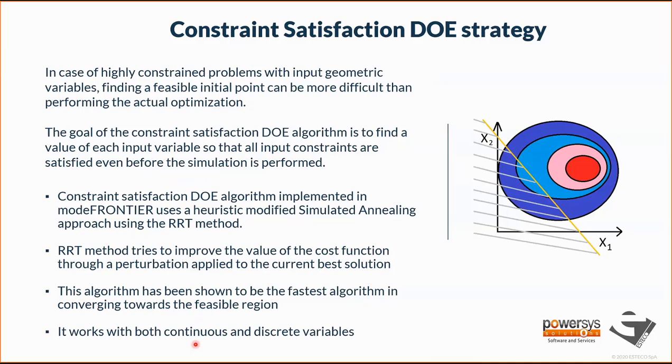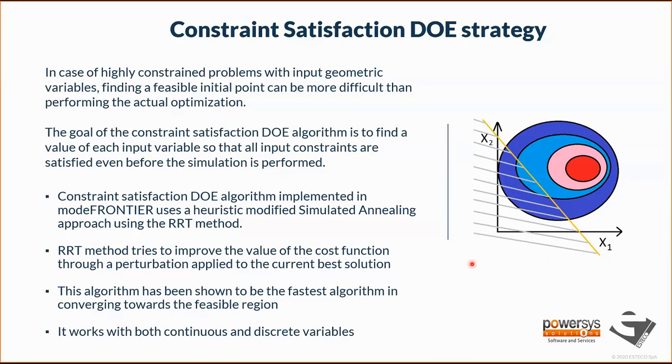So now, in this problem, we have input constraints. We have essentially input variables that cannot have certain combinations of values. So for example, here in the 2D space, x1 and x2, there's an inequality that tells us, say, for example, the left side of this line is an infeasible region.